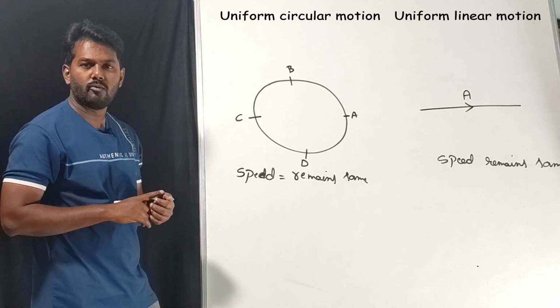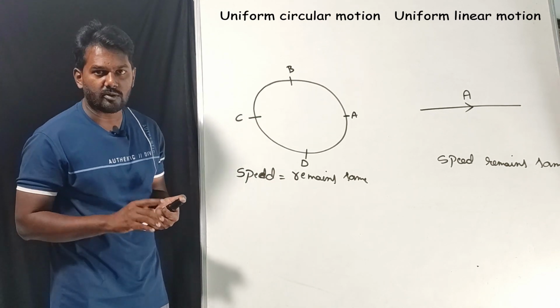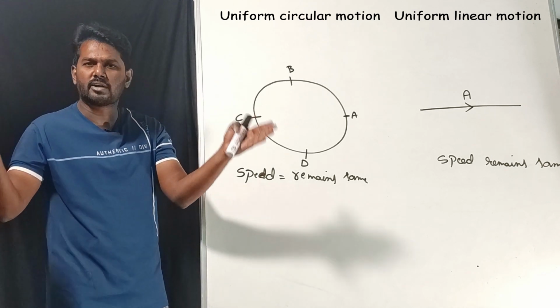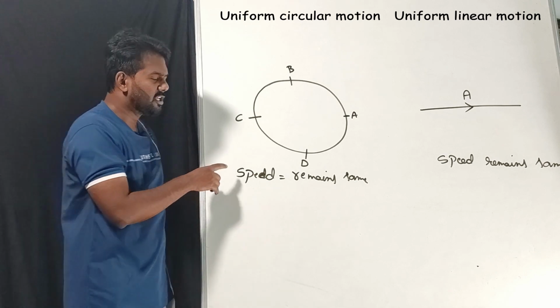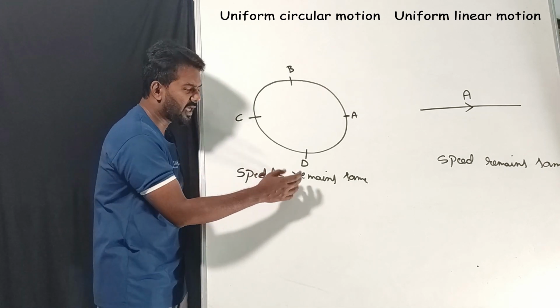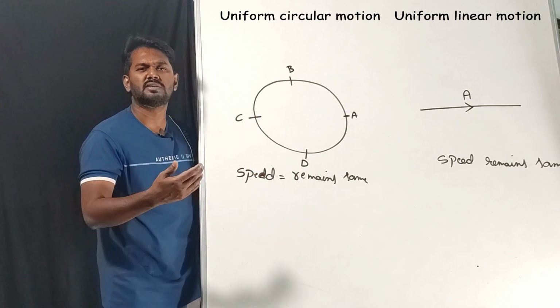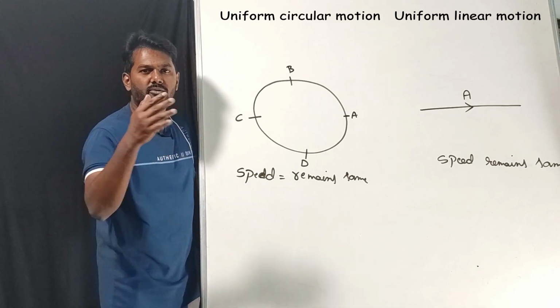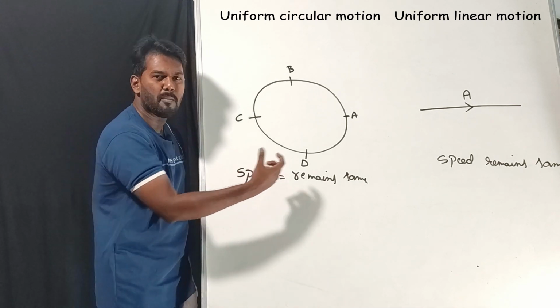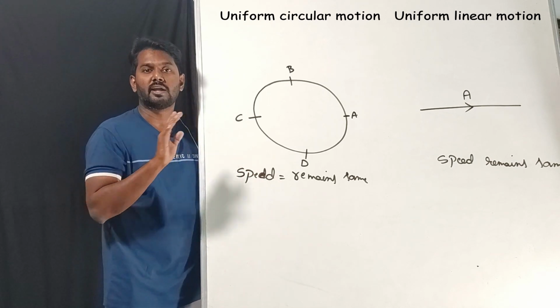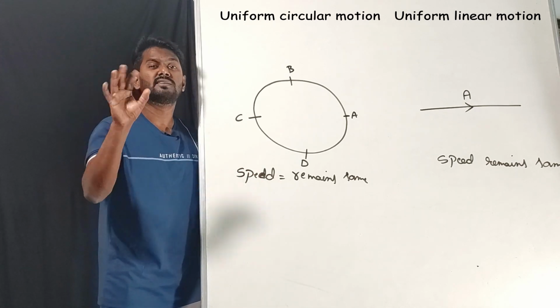Why? Because velocity is a vector quantity. What do you mean by vector quantity? It should have both magnitude and also direction. Speed is a scalar quantity. Speed has only magnitude. Magnitude means just a number: 30 km per hour, 40 km per hour, 25 meter per second. All those numbers are called magnitude. Speed doesn't have direction, but velocity has direction.